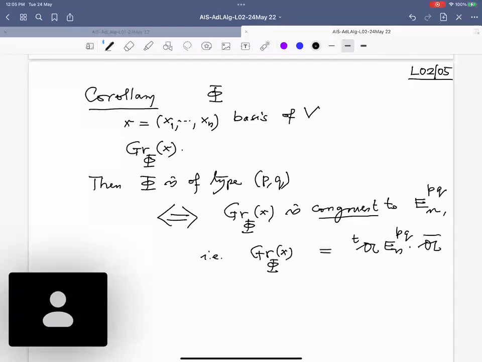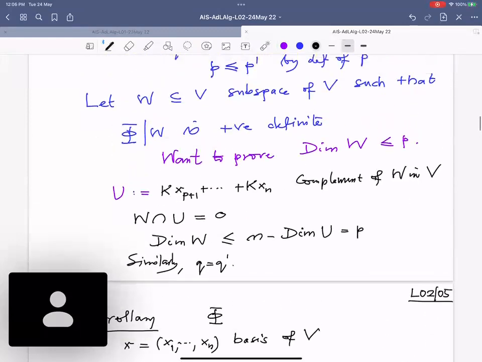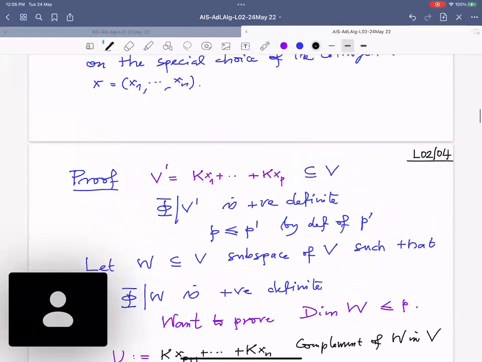And I will tell you what this matrix A is also. Congruent means there exists a matrix A in GL n K such that this holds. And A is a transition matrix. You may have to change this basis to make it into this form. That is what this means.